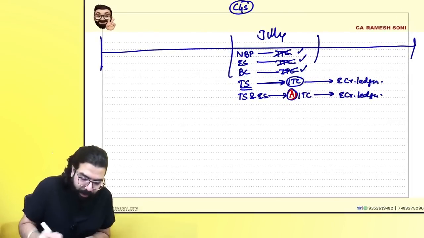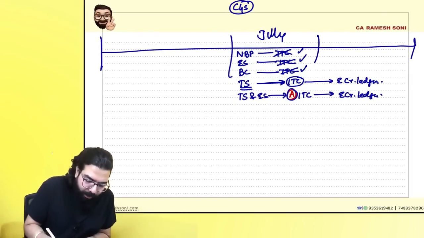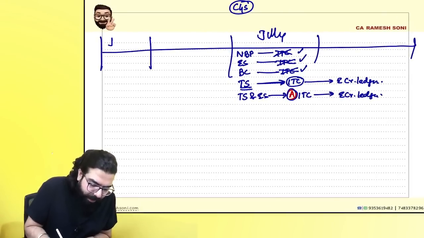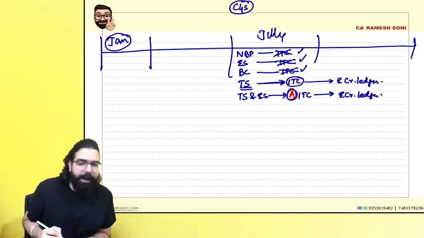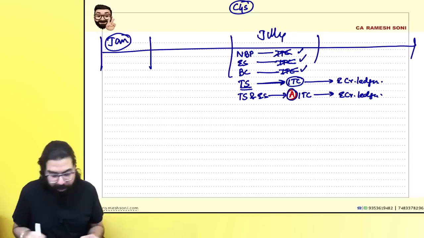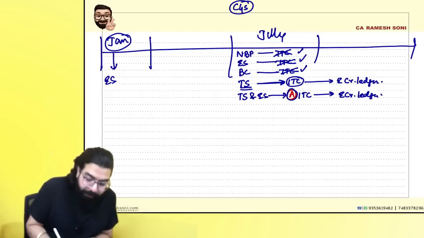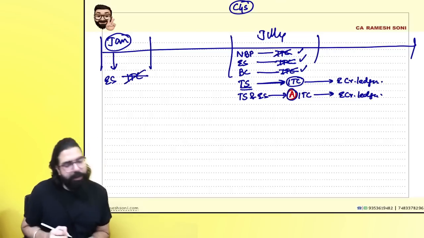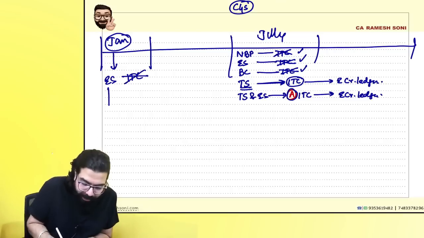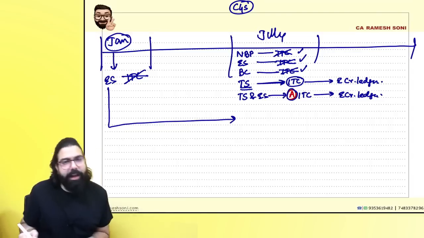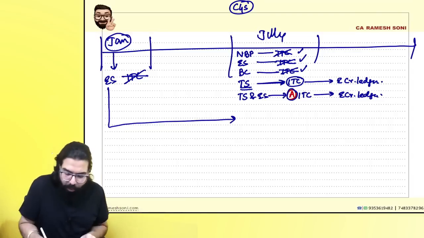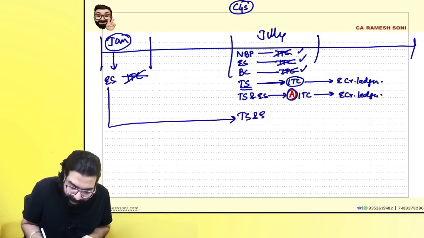Now sir, supposing I had bought one asset in the month of January, and that asset was for making exempt supply. It means I did not take the ITC. Yes sir, you did not take the ITC. Now I am thinking that I will start using the asset for taxable supply and exempt supply.